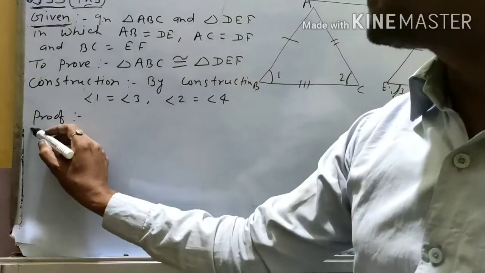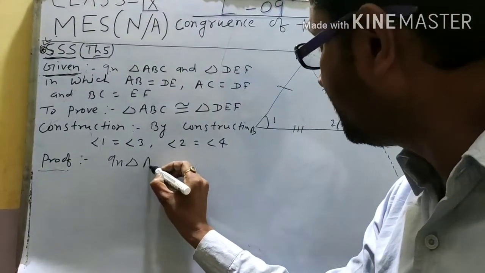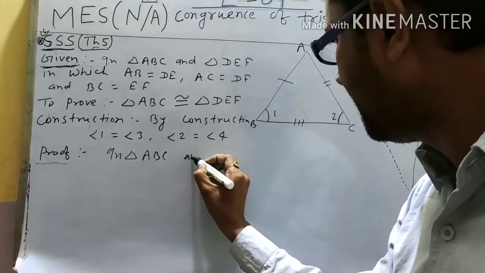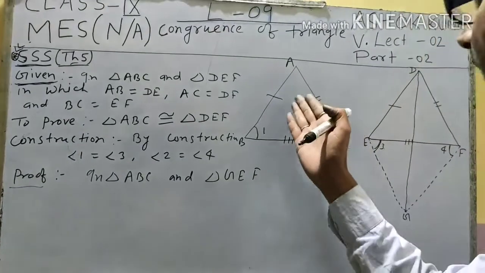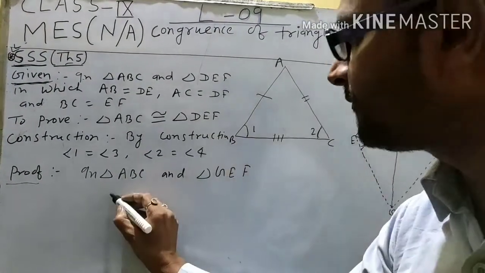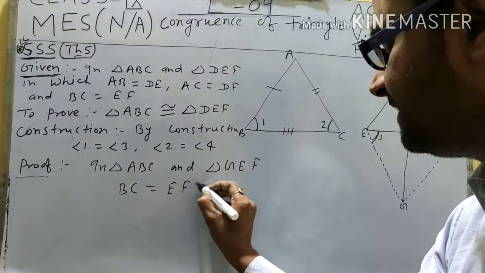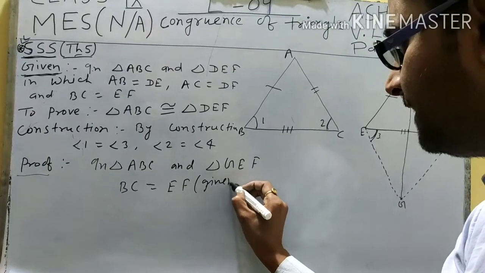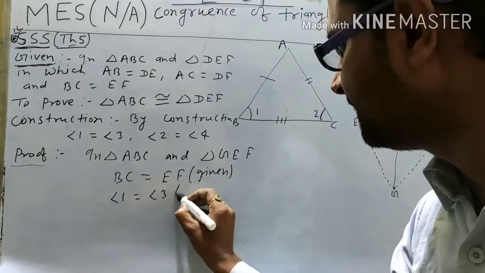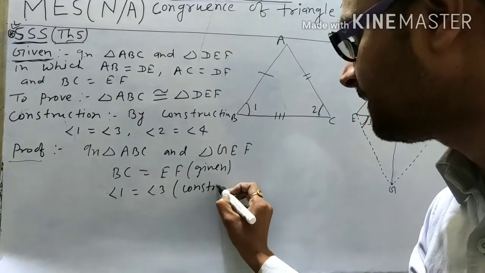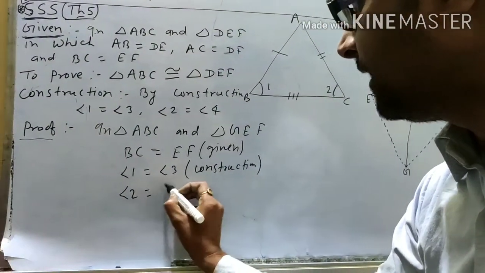Then after, the proof. In triangle ABC and triangle GEF, under these two triangles, first of all BC is equal to EF. This is the given information. Angle 1 is equal to angle 3 by construction, already taught, and angle 2 is equal to angle 4.